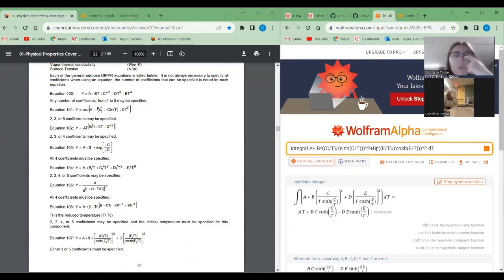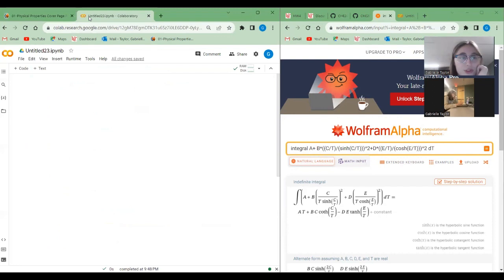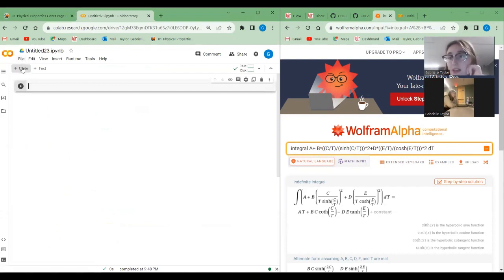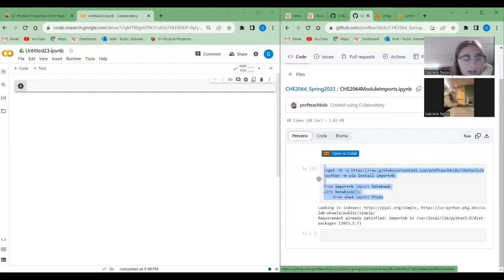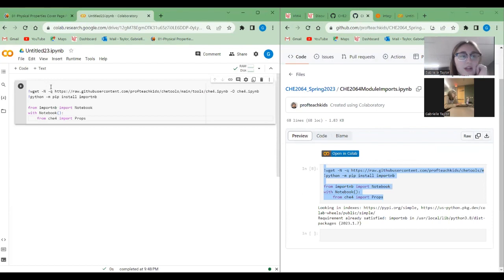So now since we know that, it's going to be from the module import, and we're just going to take this piece of context in our equation.